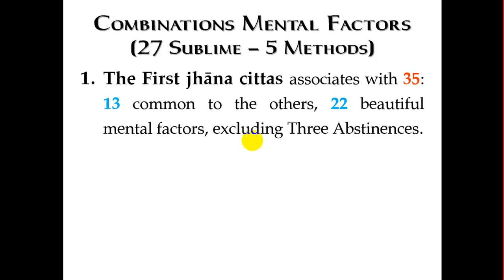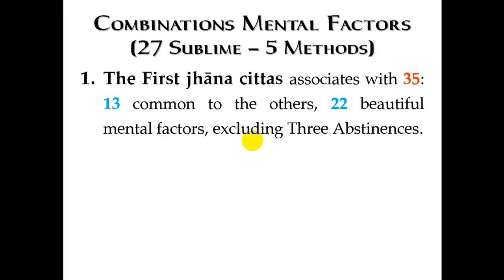The reason is that at the moment of second jhana we still have Vichara. So we have to add the second jhana chittas to Vichara. Just go back to the lesson like that. Okay.